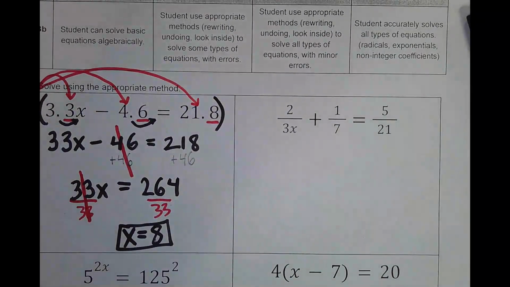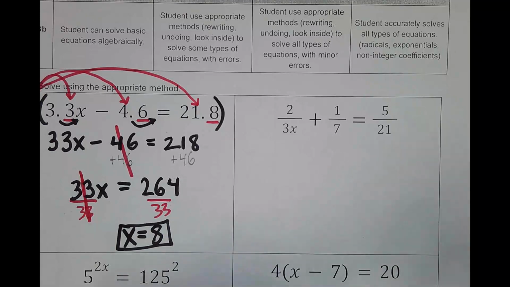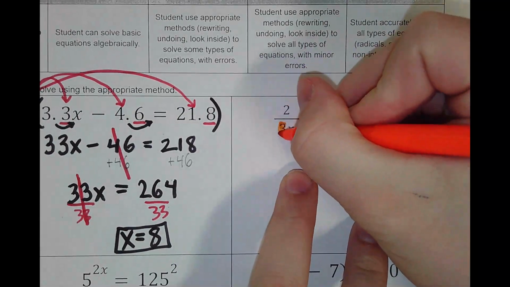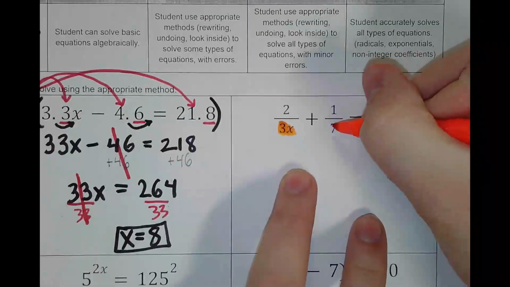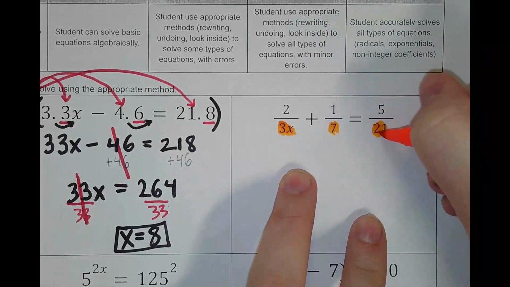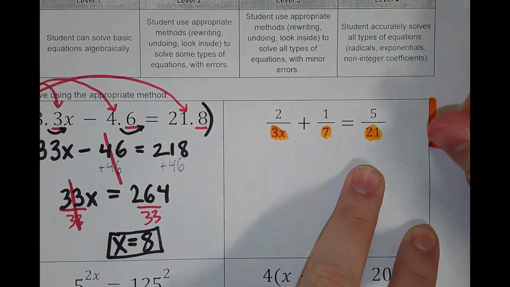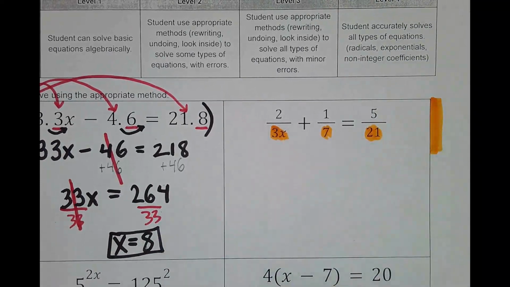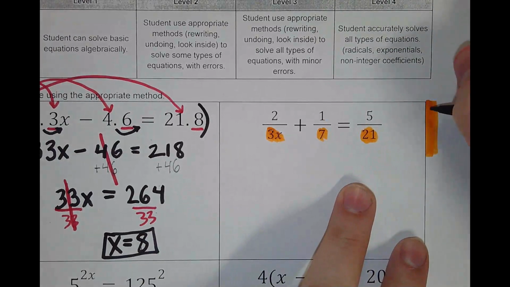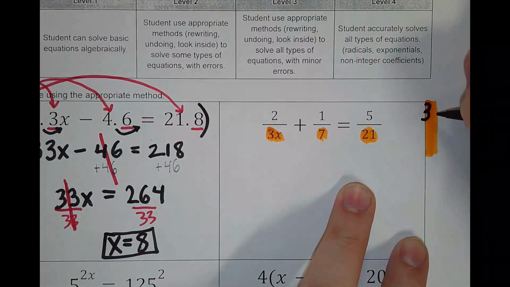Now, fraction busters is not the easiest problem, of course, but I'm going to go ahead and look at all the denominators: 3x, 7, and 21. If I can find out what all three of these numbers go into, then I can get rid of the fraction.